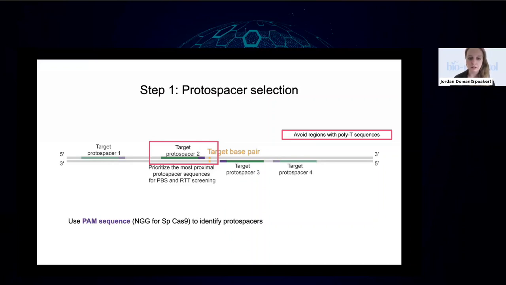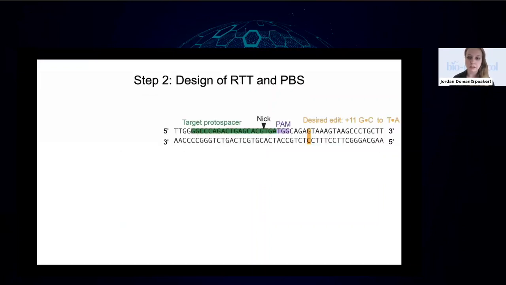If we zoom into this target protospacer 2, we can start to design the rest of the pegRNA. Like I mentioned, there's a PAM here, this TGG, and this dictates what the protospacer is, the 20 base pairs before the PAM. Cas9 nicks between positions 17 and 18 of the protospacer, so the nick will occur right here. And the only bases that are prime editable are the ones downstream of the nick, because we're going to be adding bases onto this top strand after the nick.